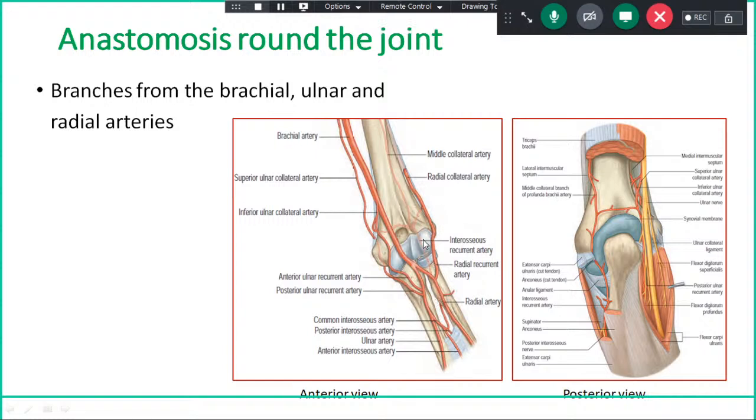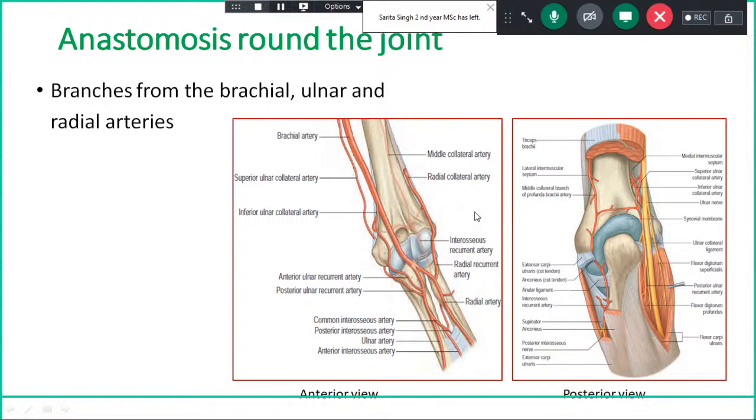In this diagram you can see the light shaded red, which shows the vessels on the posterior aspect: the middle collateral artery, the interosseous recurrent artery, and the connection between the inferior ulnar collateral and the middle collateral artery. So these are the anastomoses of the various blood vessels present around the elbow joint.